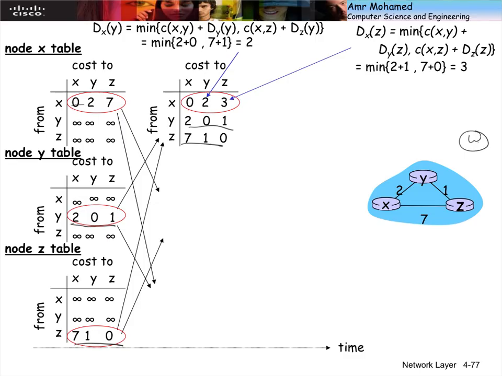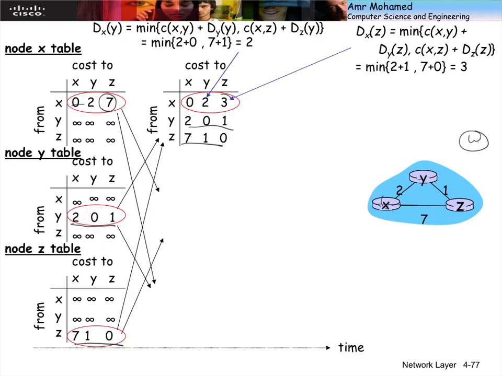So here, if I calculate the distance, of course, the distance to itself is 0 and cannot change. But let's calculate this distance. The distance to Z is either this 7, which is what I have, or the cost to Y plus the distance that Y reports about Z. So it's 2 plus 1.